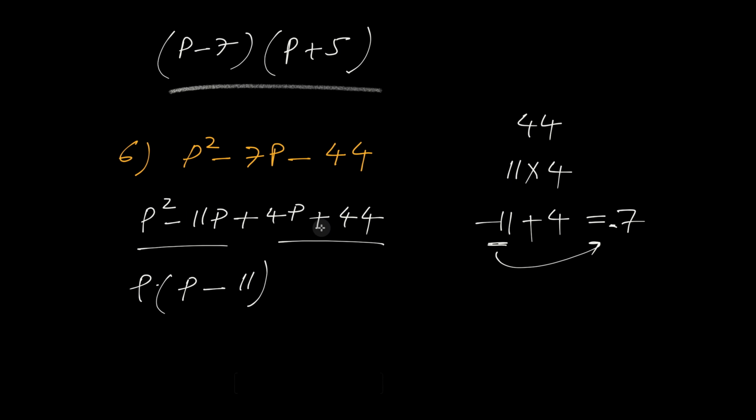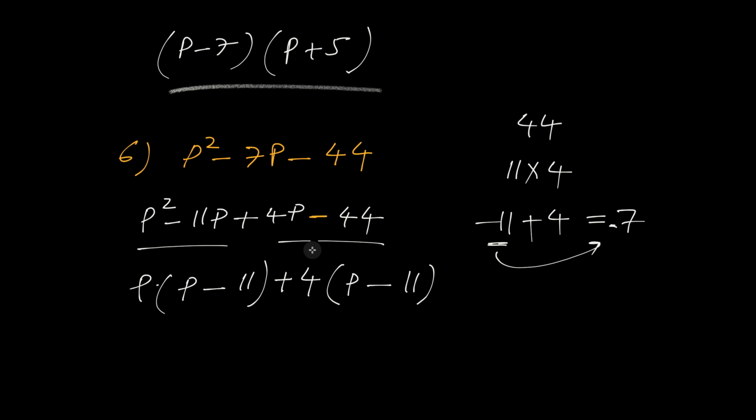Okay, and now we are going back to the actual question. What is common between 4 and 44 is just plus 4. Now 4p divided by 4 is going to be just p, minus 44 divided by 4 is 11.